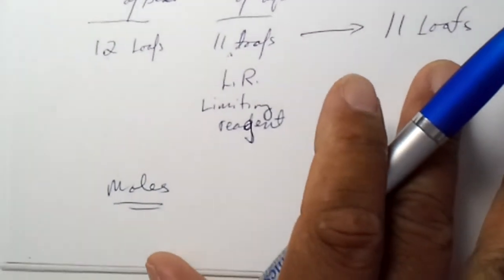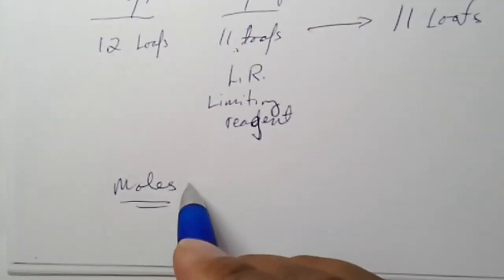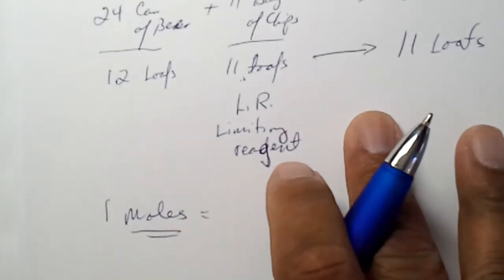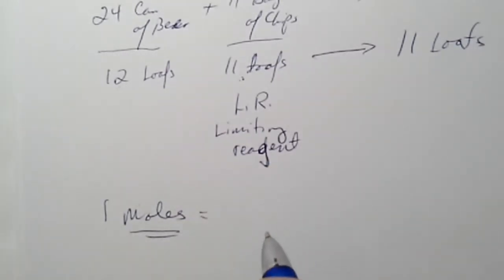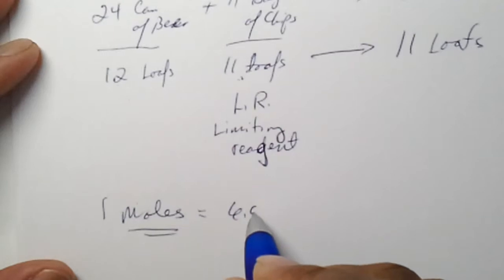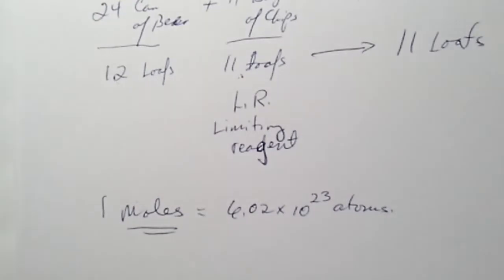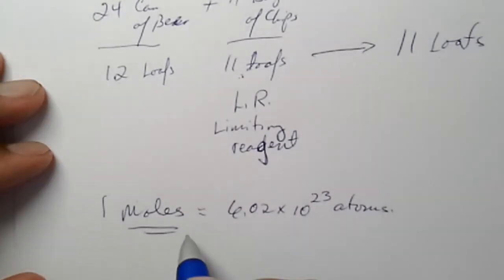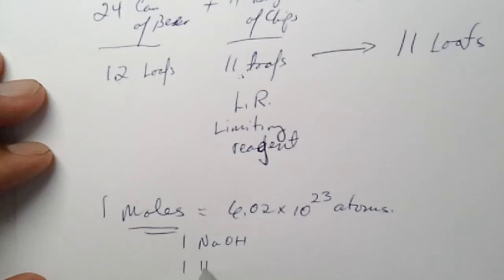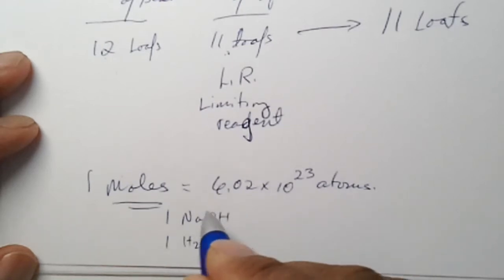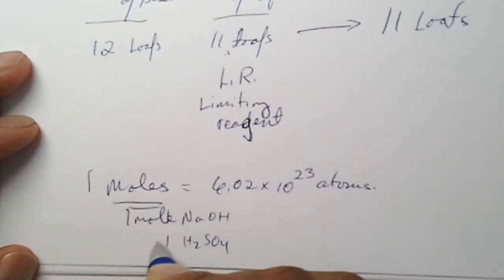However, with chemical reactions, moles, in every case, no matter what the chemical is, 1 mole is equal to what? 1 mole is equal to 6.02 times 10 to the 23rd atoms. And so whether I have a mole of sodium hydroxide or a mole of sulfuric acid, 1 mole, 1 mole.